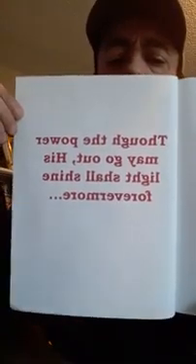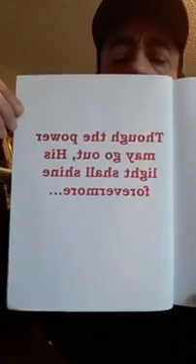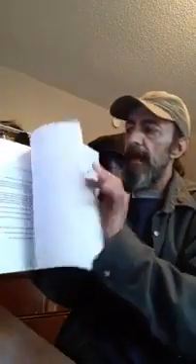The very last page. Notice the front page was in black. Very last page in red ink. Though the power may go out, his light shall shine forevermore. So, I expressed the trust once. I expressed the trust a second time. And then I went on to express it the third time in detail.